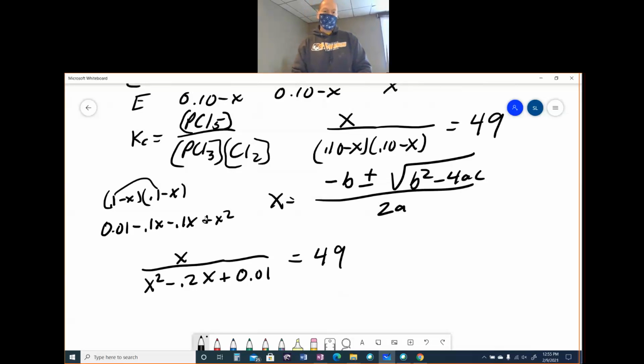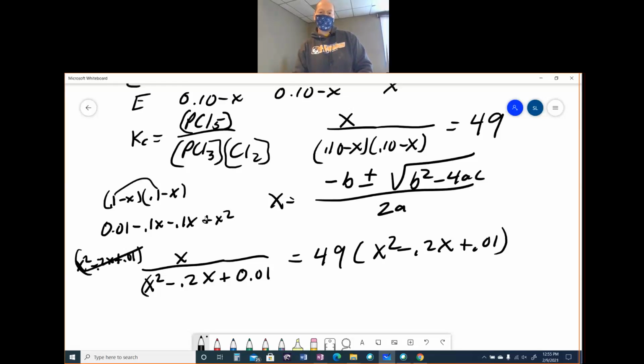Just like we did last time, we have to multiply both sides by x squared minus 0.2x plus 0.01. So that is gone, cancels with that.